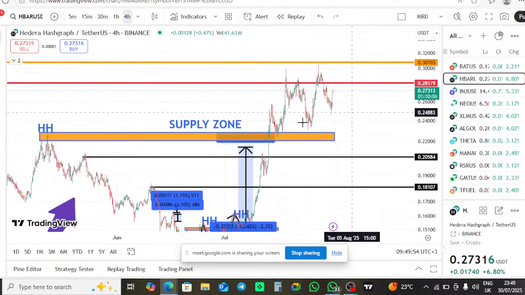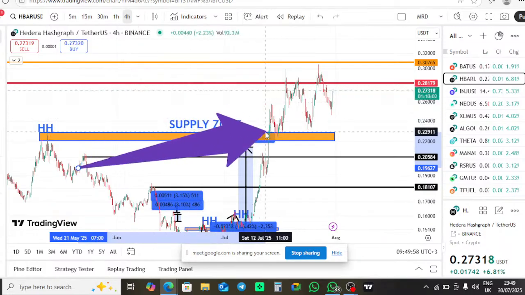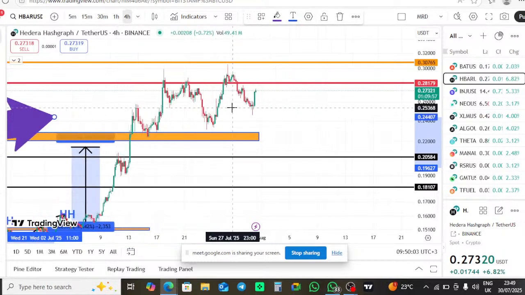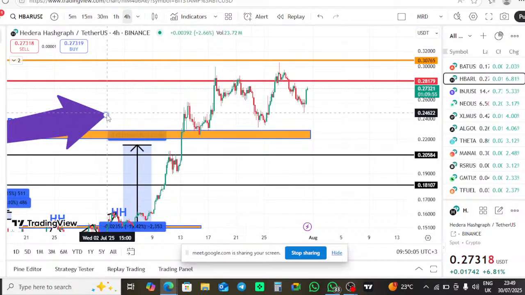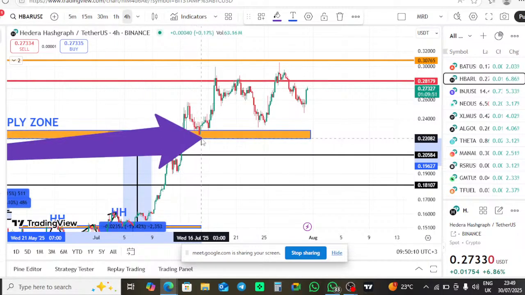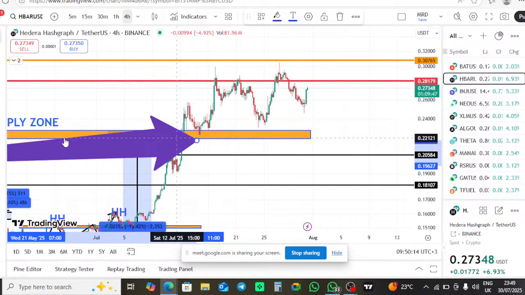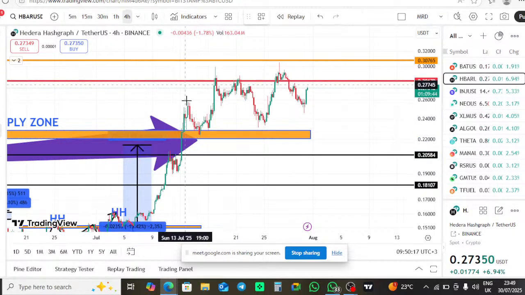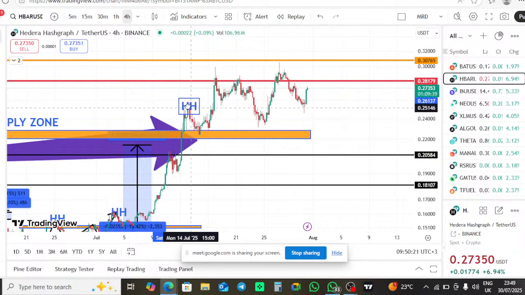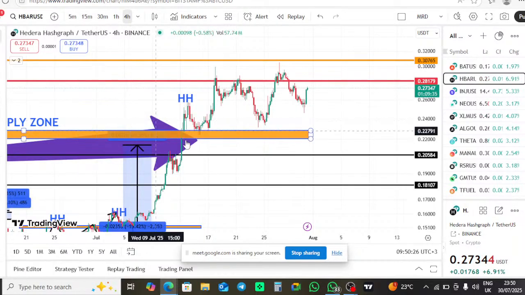Now automatically, after closing above the supply level, the way you can see here, the market closed above supply. I don't know whether you are seeing it well. The market closed above the supply and it came back to test the supply. And when we come back and we respect this area, what comes into your mind should be that we are going to break the high. If we are going to break high, where can I enter from? Where can I exit from?